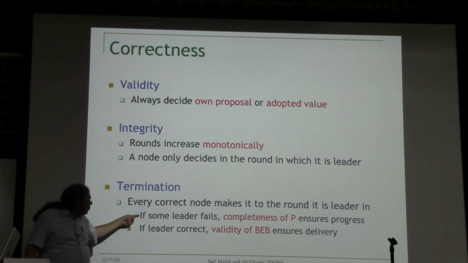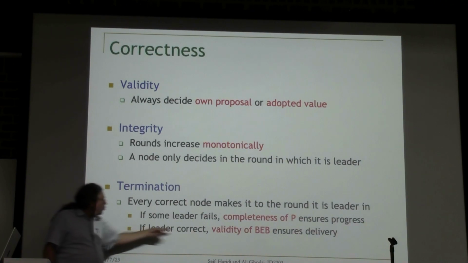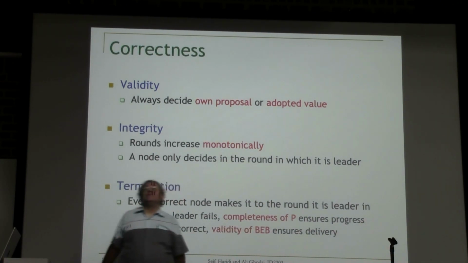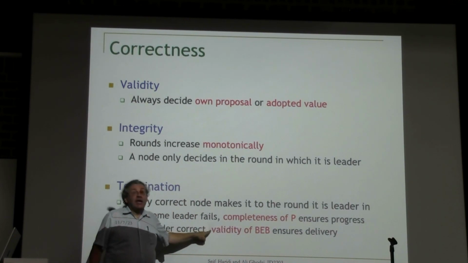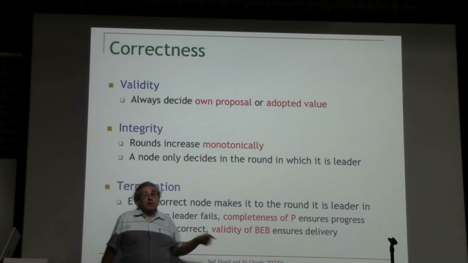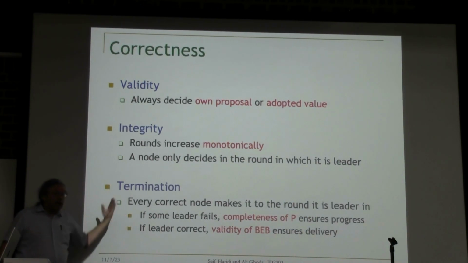But if the previous node does not crash, then it does a best effort broadcast and I will get the message and I will advance too. Best effort broadcast guarantees delivery if the sender is correct. So in both cases, crash or no crash, I can advance the round. So the node rounds will always advance up until n. So the algorithm terminates.